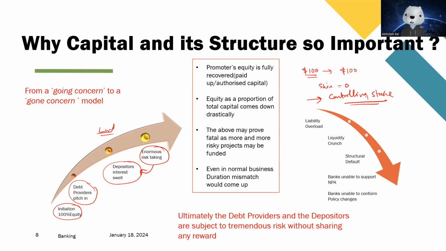It is with this objective that the regulators understood that the promoters' extended interest may drive any banking structure to an enormously risky zone. And ultimately, if not regulated, if not controlled, it may adversely impact the depositors. So as far as the depositors are concerned, they sit on the liability side of the bank's balance sheet.